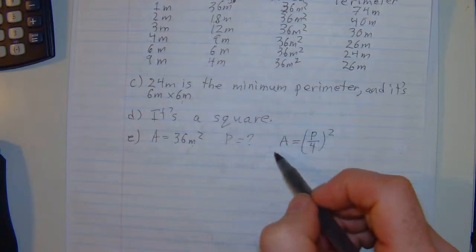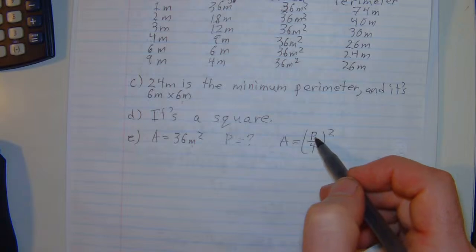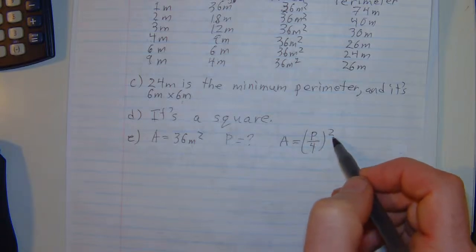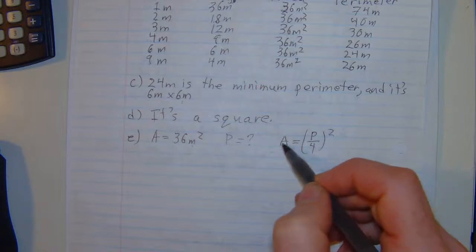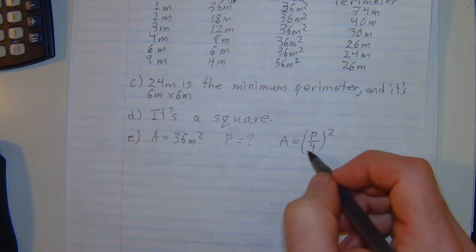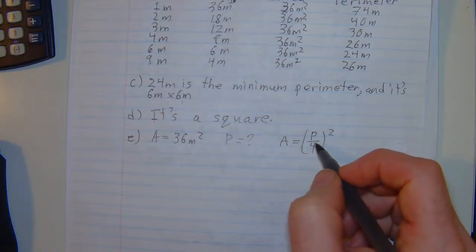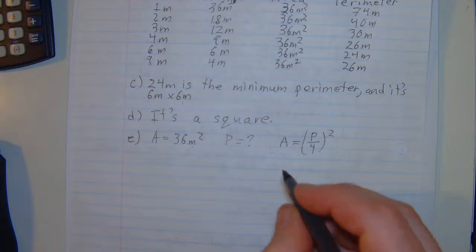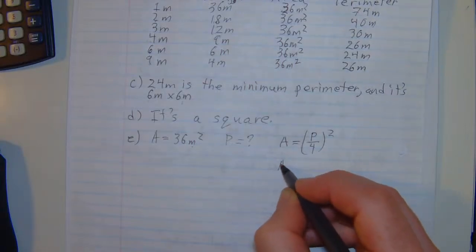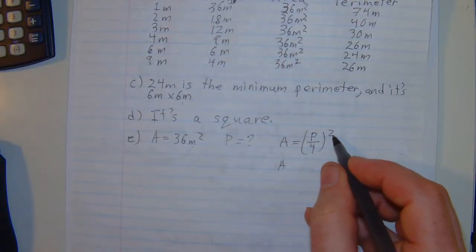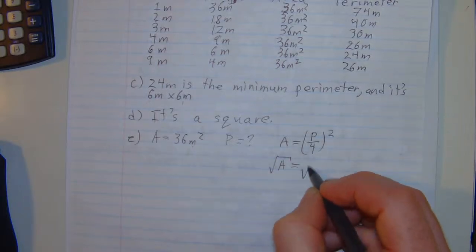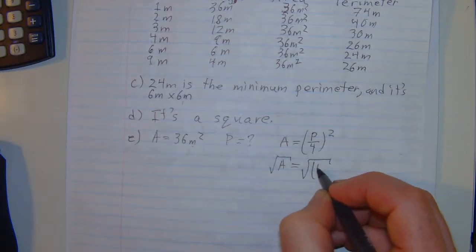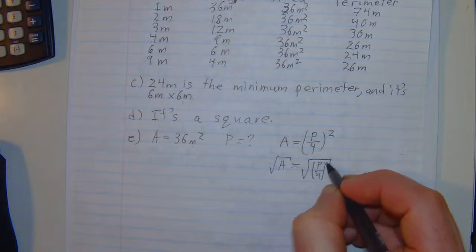Well, if we take this formula and rearrange it to give us the perimeter, because this is a formula specifically made for squares, right? Take the perimeter of a square to get the area of a square. So if we have the area of a square and we want the perimeter, we just need to rearrange this formula. I'm going to undo a square by square rooting. So square root of (p over 4) squared.